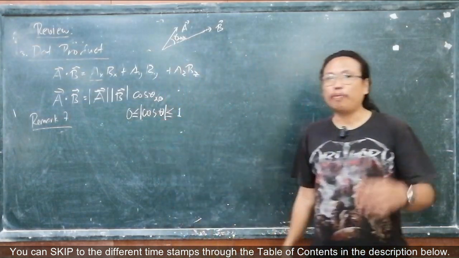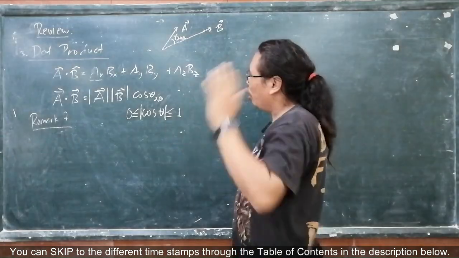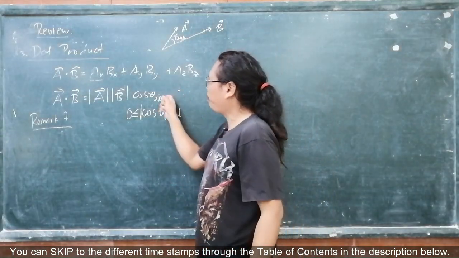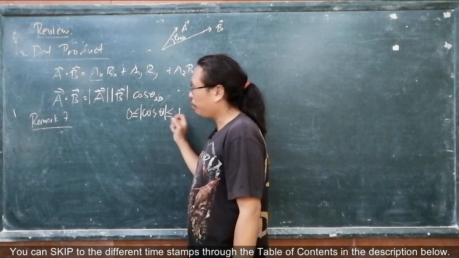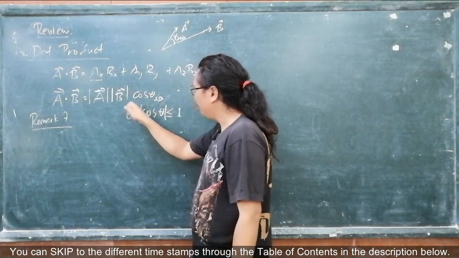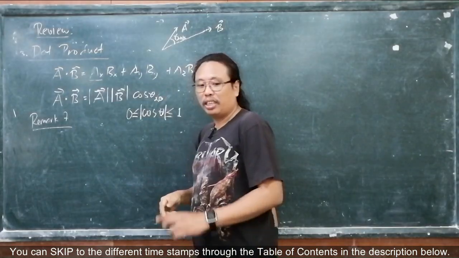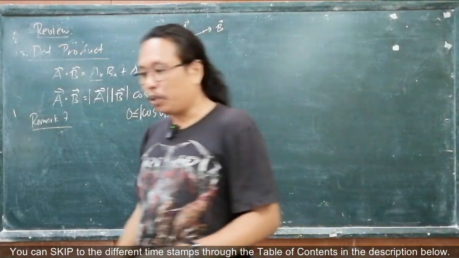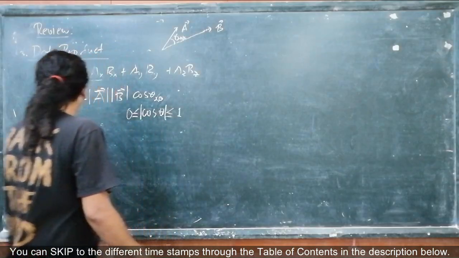Or if you don't take the absolute value, it's from -1 to 1. So, the largest possible value of cosine is 1, and the smallest possible is 0. That's for the absolute value.